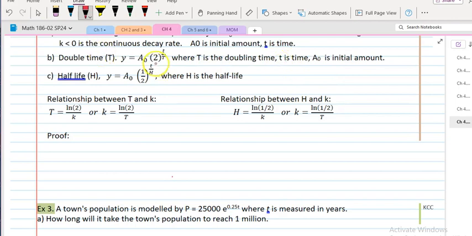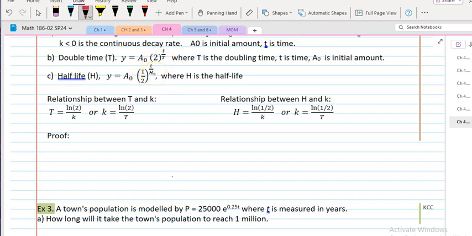The model is A0 times 2 to the power t over the doubling time. So if the doubling time is given, instead of y equals a times b to the t, we would use A0, the initial value, times 2 to the power t over the doubling time. And for half-life, it would be A0 times, instead of 2 being the base, 1/2 to the power t over h.